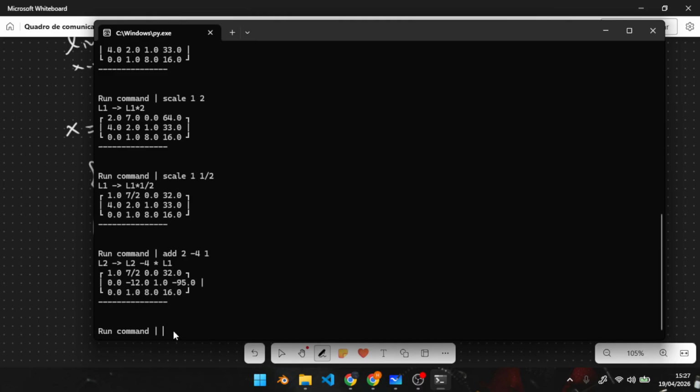Next step, we're gonna scale line 2 to be -1 over 12. That's gonna give us 1 over there, and now we're gonna add line 3 -1 line 2. Now finally we're gonna scale line 3 to be 12 over 997.